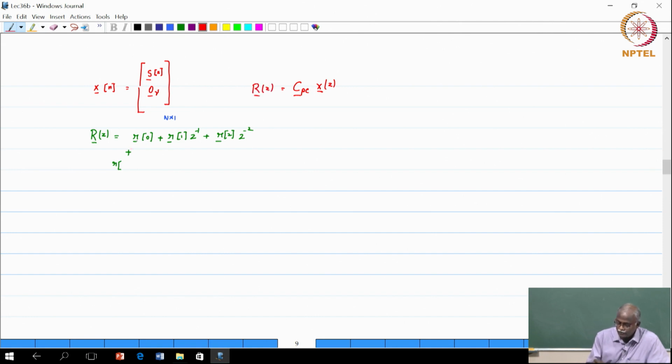Okay. So, R of Z is basically the vectors that are received at each time instant, and if there was an R of minus 1, that would have power of Z. Okay. So, you can visualize that.